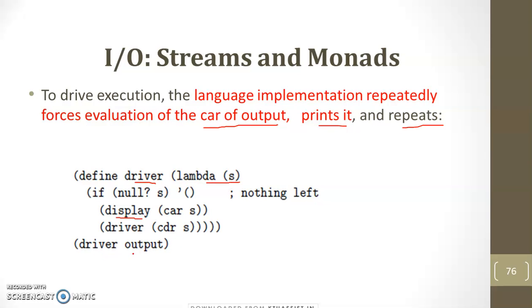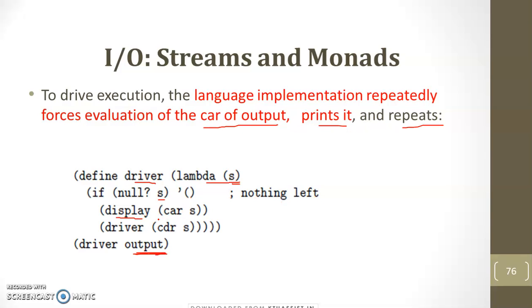So the driver takes the output, some list, and for the display we are writing this function. The driver is given the list as an argument, that is S, and it checks whether the list is null or not. If it is null, okay.